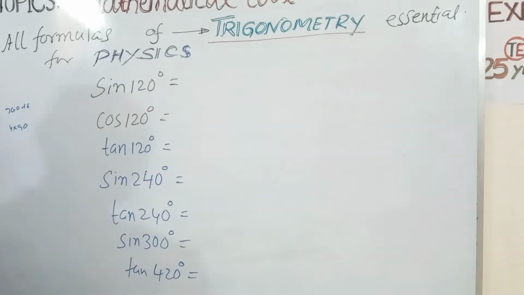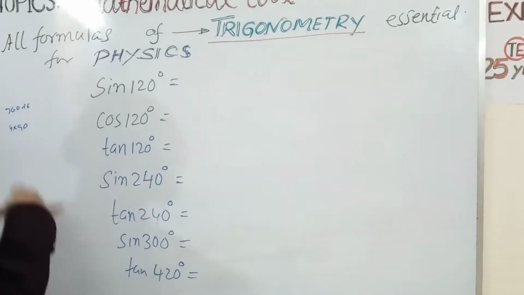Suppose you have to find this value. So in which way do you find this value?